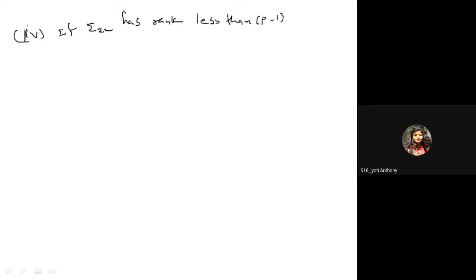It is a p minus 1 cross p minus 1 matrix, and if it is non-singular, then the rank is p minus 1. But suppose your sigma 2 2 has rank less than p minus 1, that is, the rank of sigma 2 2 is less than p minus 1.